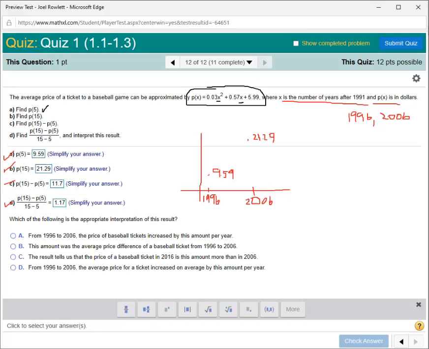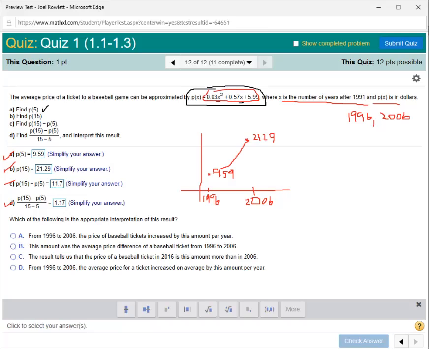I'm just going to graph this. I'm going to draw a straight line. Actually, it's not straight because this is a quadratic. It probably looks something like this. Probably curves up like that, we'll say. But anyway, we'll let this very crude sketch represent the average price of a ticket to a baseball game in those years. And if you look at the $1.17, what does that represent?